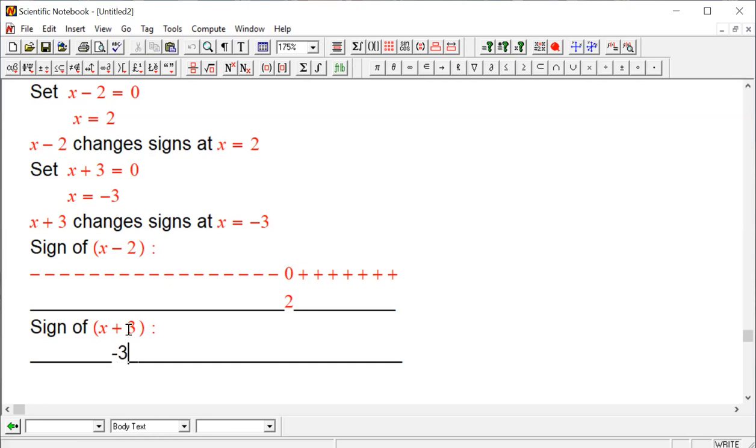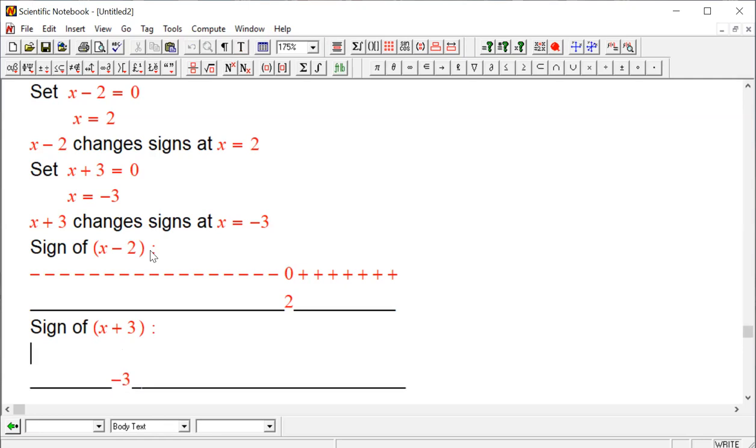So we have negative 3 here. How does the sign change? If you pick a number less than negative 3, you're going to get a negative number. At negative 3 it is 0, and larger than negative 3, we get positive signs. So that's the sign distribution.